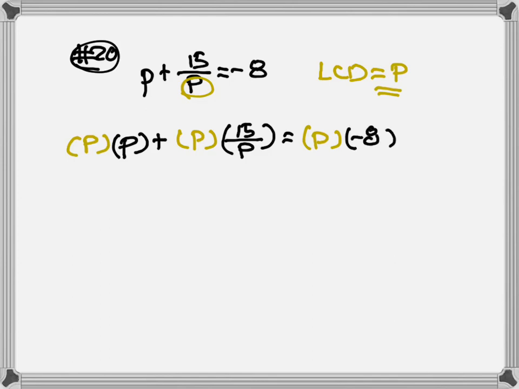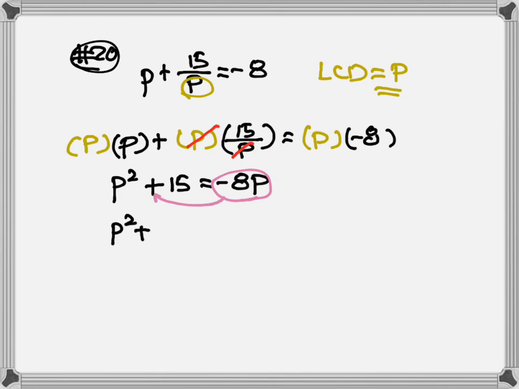Okay, so after that, over here, p times p becomes p squared, plus the outside p and the bottom p cancel out. So we have plus 15, only the numerator, equal to negative 8p. Then after that, we're going to move the negative 8p to the left-hand side. Then we have p squared plus 8p plus 15 is equal to 0.